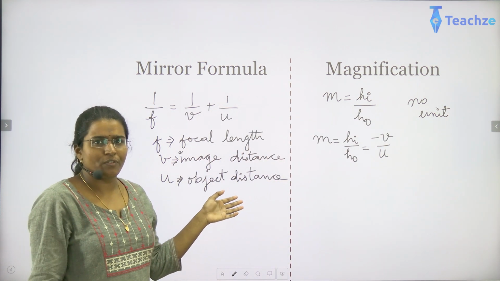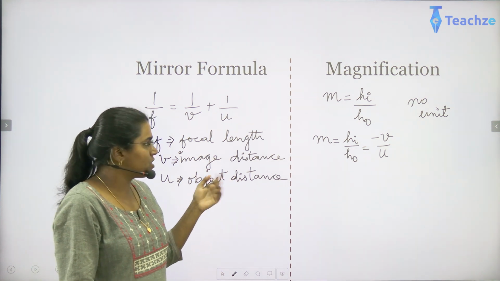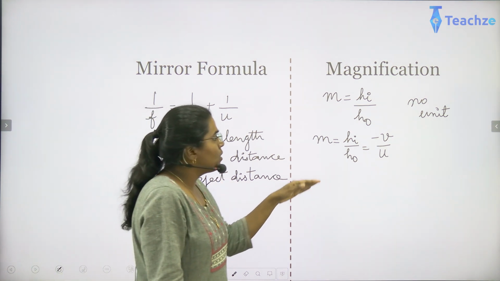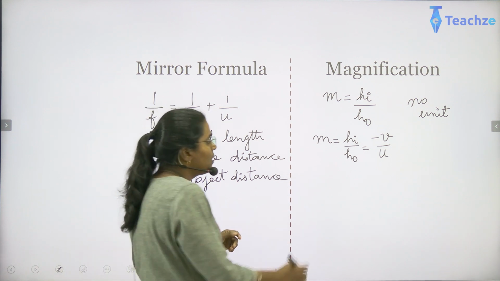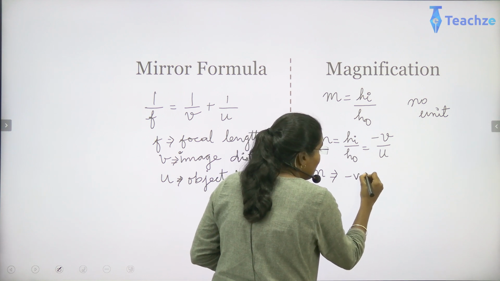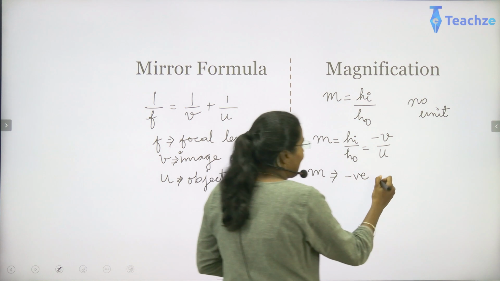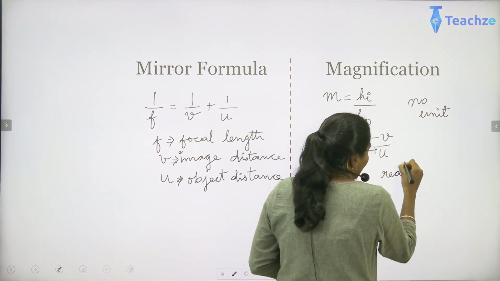Your focal length will be of the unit centimeter, meter, whatever we are using for the image distance and object distance. So this will be the relation, but the magnification will be negative for real and inverted images.